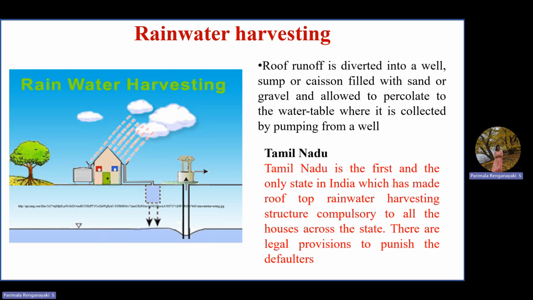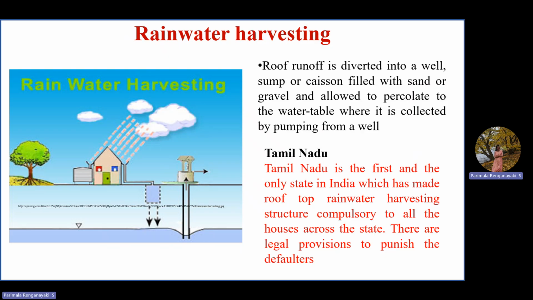So if you just consider India, Tamil Nadu is the first and the only state in India which has made rooftop rainwater harvesting structure compulsory to all the houses across the state. There are legal provisions to punish the defaulters if they do not have a proper rainwater harvesting system in Tamil Nadu.